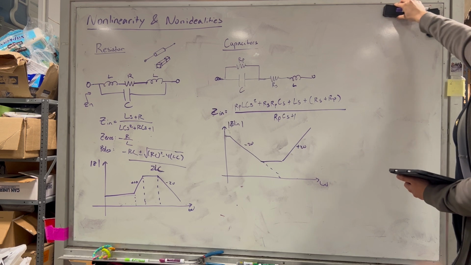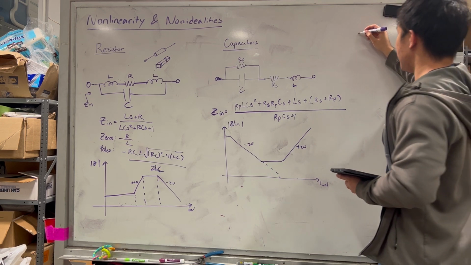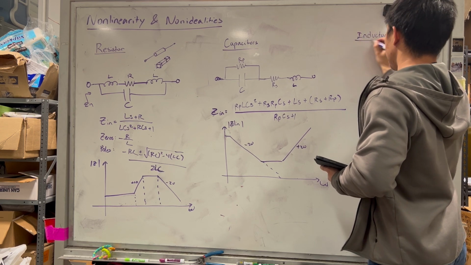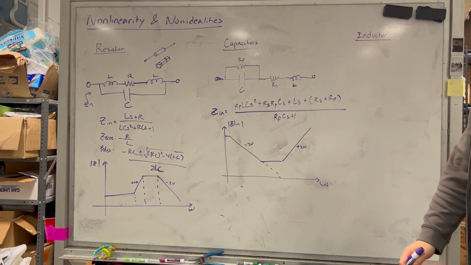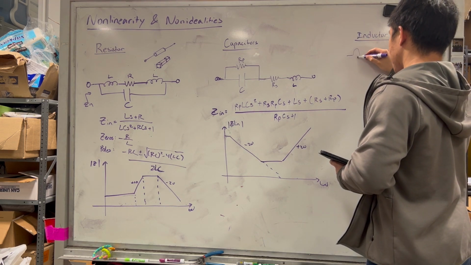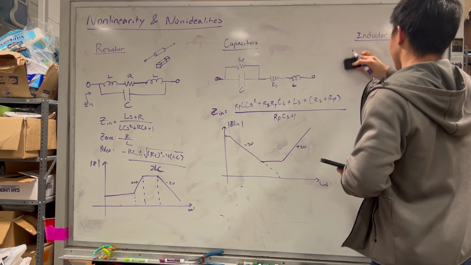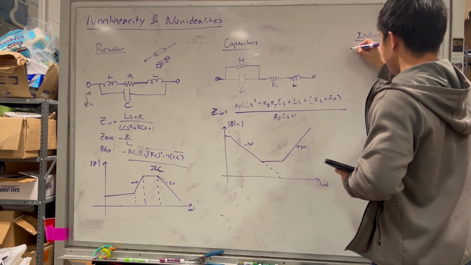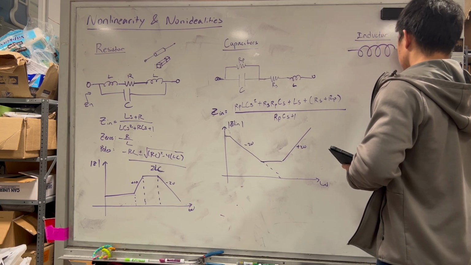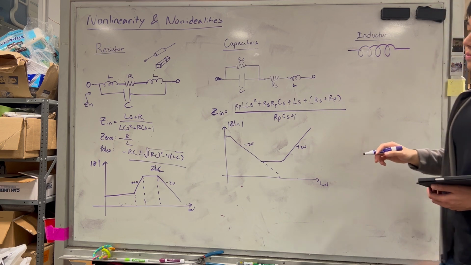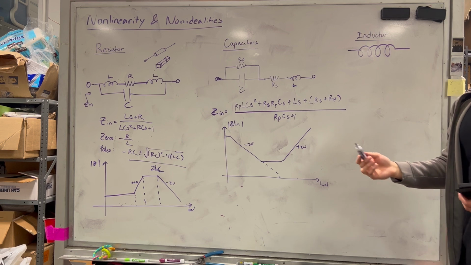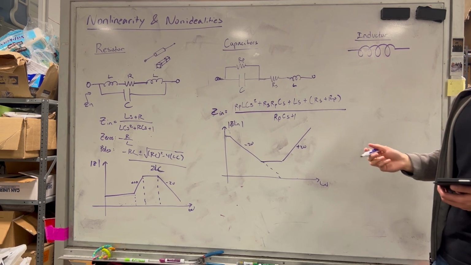Now the final element that we're going to discuss is an inductor. And I think this one's actually the most intuitive to see what happens. So let's say, I'm going to actually draw this kind of okay-ish. So let's say you have some type of inductor that looks like that, right? It's a coil of wire that wraps around itself tightly to create some type of inductance, right?